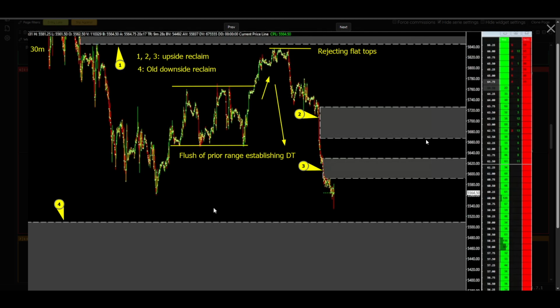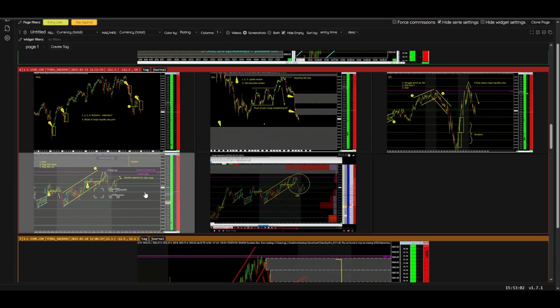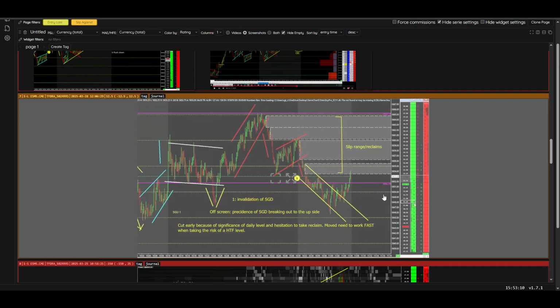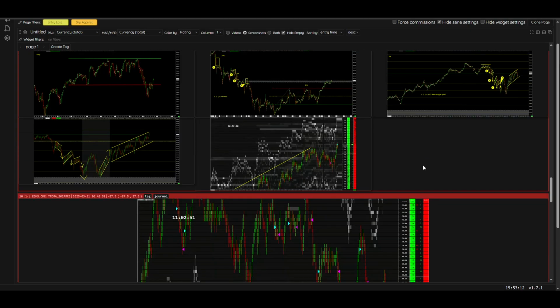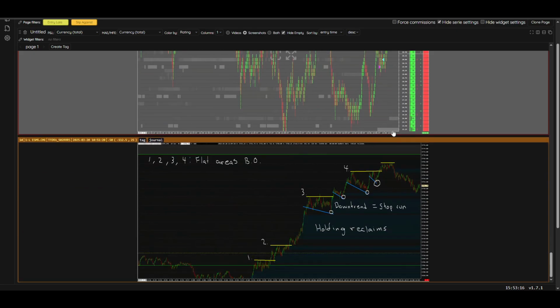This one. Again, a slip range right there. Slip range. Wait, ideal entry would have been earlier, so not necessarily impulsive.